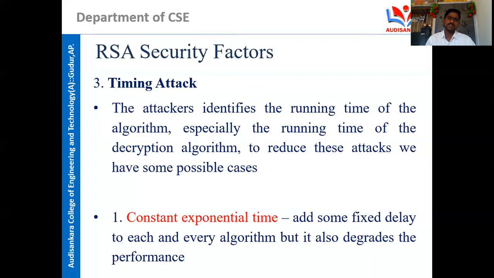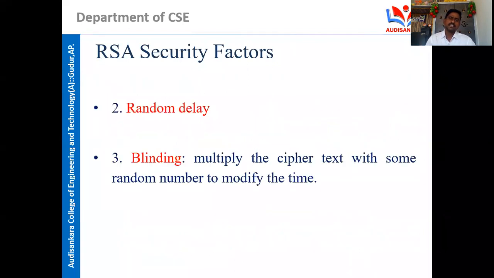The first case is we are giving a common time. If it is 2 microseconds, 2 milliseconds or 2 seconds, the time we give is common to everyone. But the second case is random delay. A random delay means we are not giving a common time, we are giving different timings to different runs, so that we make them avoid the attacks.